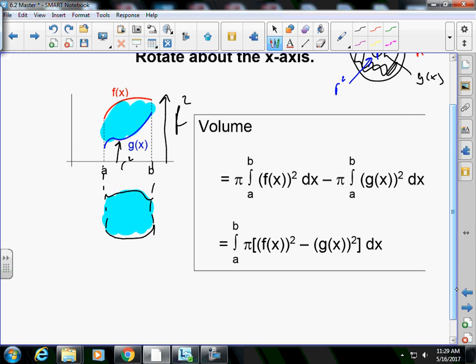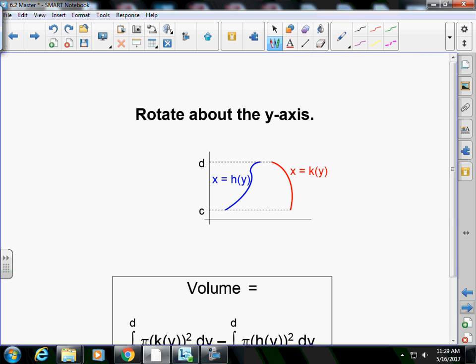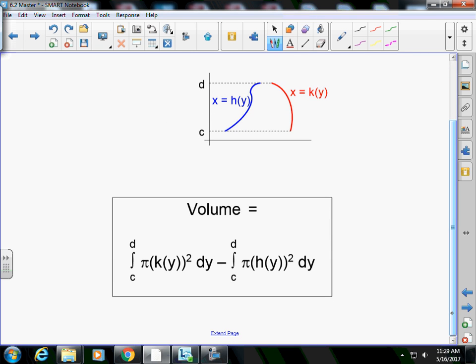Instead of integrating two things, we'll just say it's pi times the function f of x squared minus g of x squared. Now, if we did the same thing about the y-axis, we're going to get the exact same formulas, except in terms of y instead of in terms of x. So no need to go over the example of drawing it out for you.